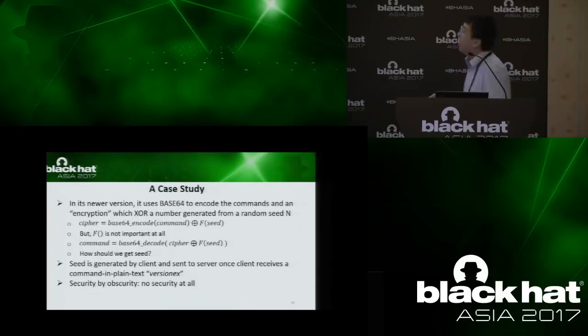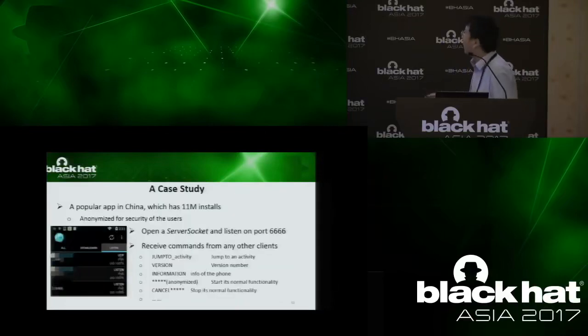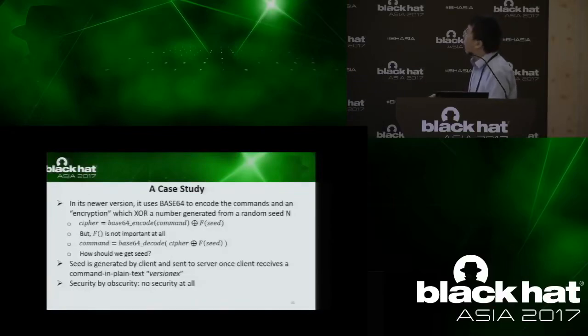For example, if we get a command of jump to activity, which means to open another activity, what it does is first a Base64 encode, then XOR with some function which takes a seed as input, but that's not important, right?